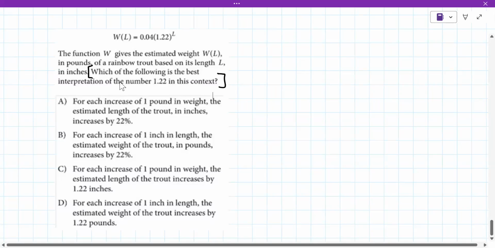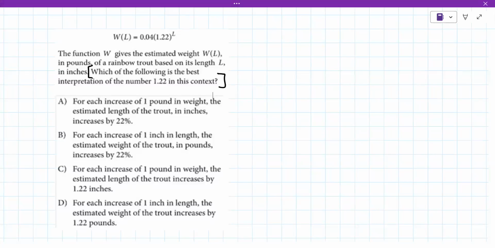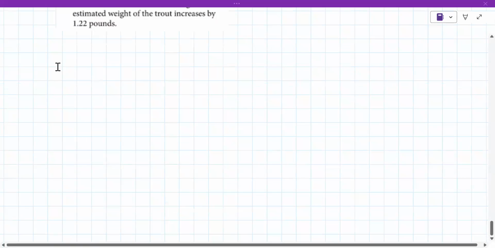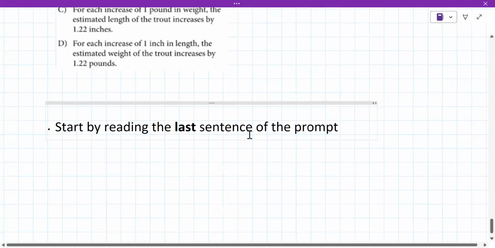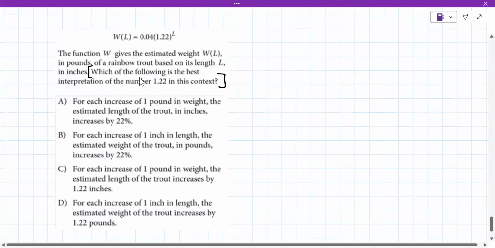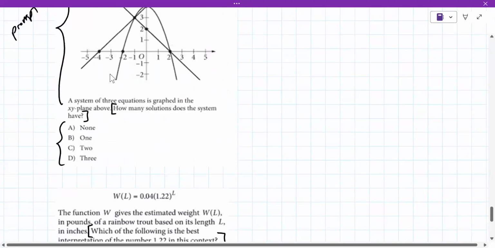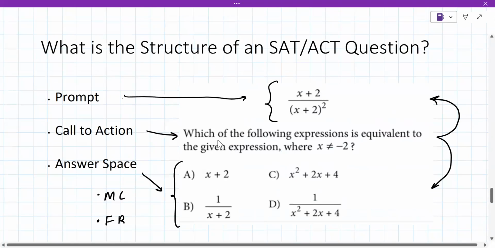It's a way to get your brain thinking about what you actually need for these questions. So where does the call to action appear? It is almost always the last sentence of the prompt. Here, this is the last sentence. It's the only sentence.